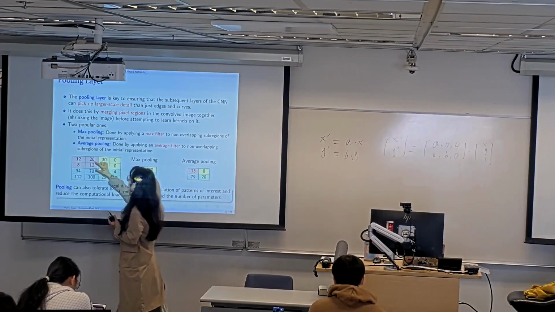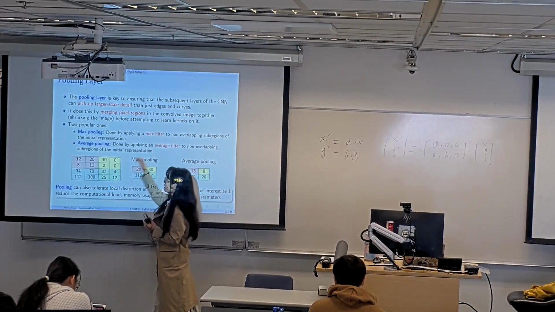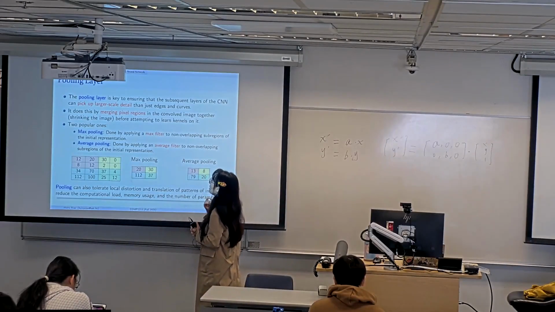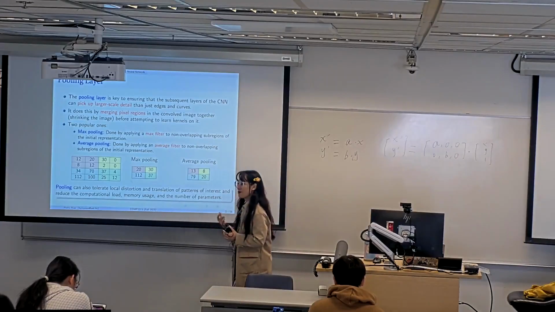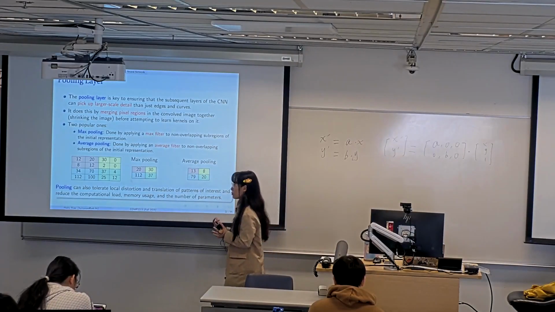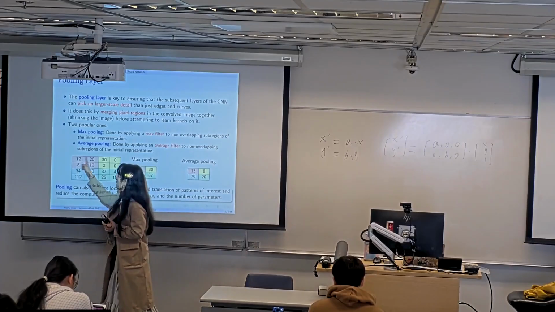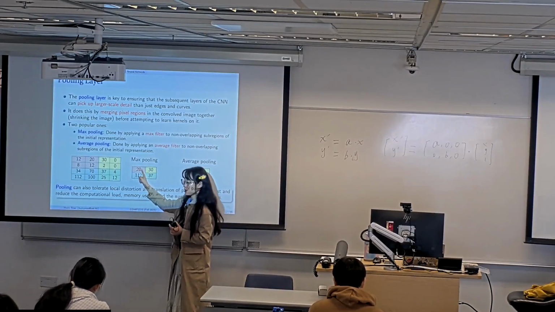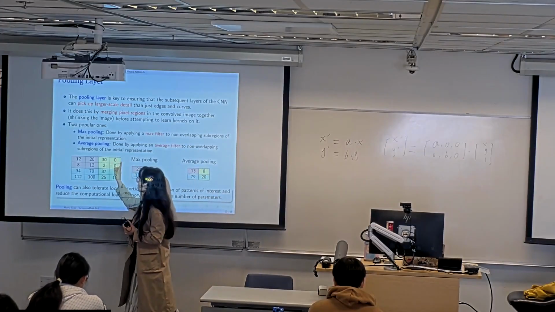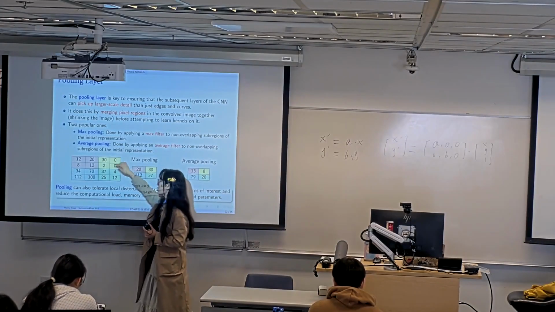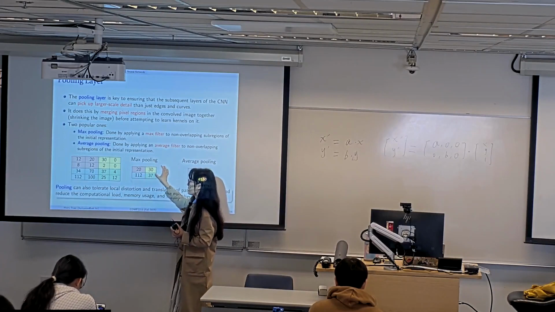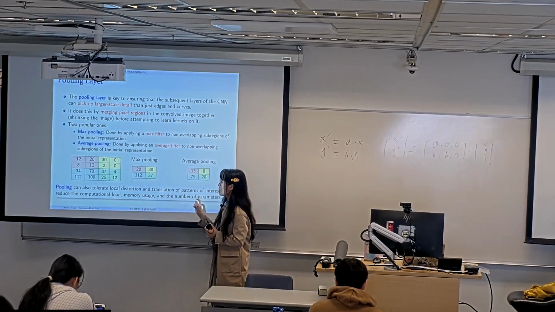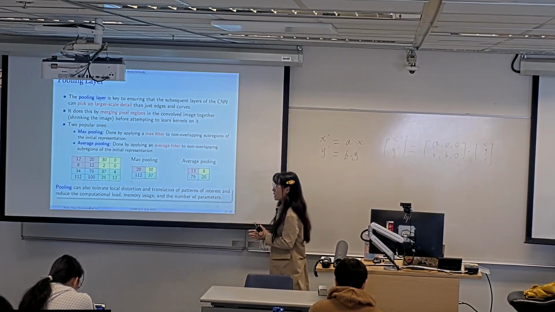Like here, it can divide it into these 4 regions. Then max pooling applies a max filter to get the maximum number of each subregion. For the first 2x2 subregion, the max number is 20, so 20 will be put here. The next subregion's maximum value is 30, so 30 is put here. So this is max pooling. We select the maximum number in the subregion.